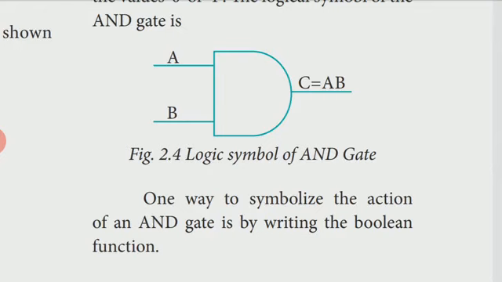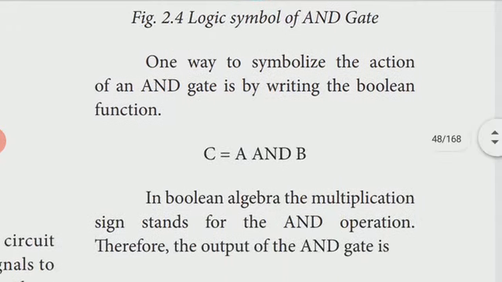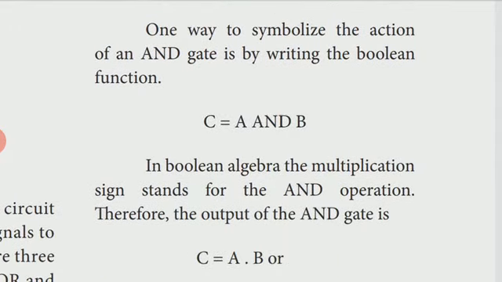So, this is the logic symbol for the AND gate. This is the logic symbol with inputs A, B, and the answer C. C equals A and B, and you write the output. This is called a Boolean function.